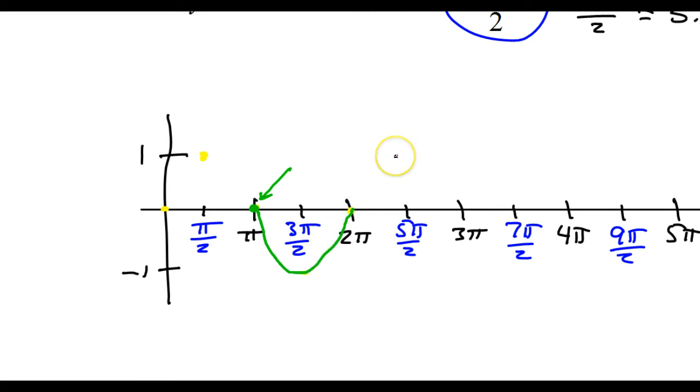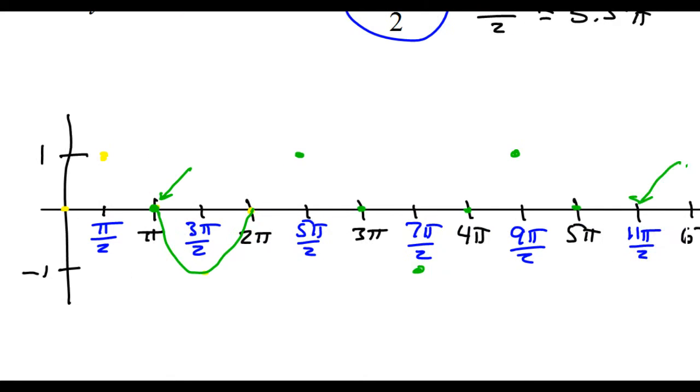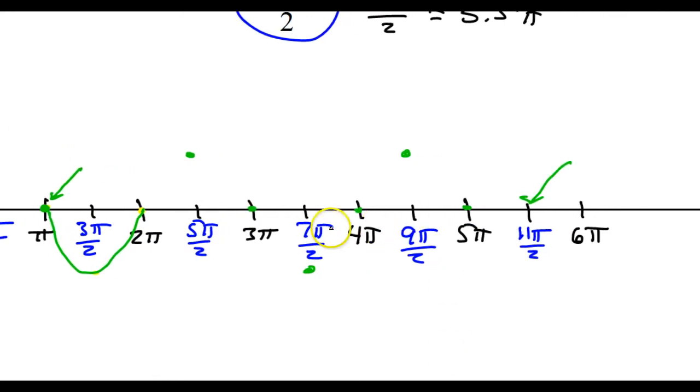Okay, and then the pattern just continues, so it's going to go up, hit the odd multiple, go down and back and up and back. Every time it hits an even multiple of pi, it's on the way up. When it hits an odd one, it's on its way down. Here I'm supposed to stop at 11 pi over 2, and that's going to end right here on a down note.